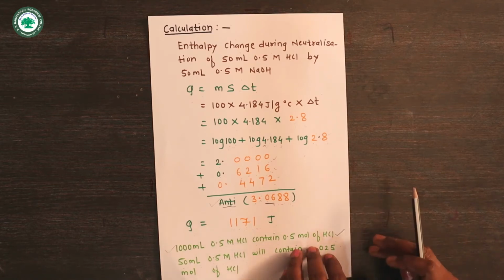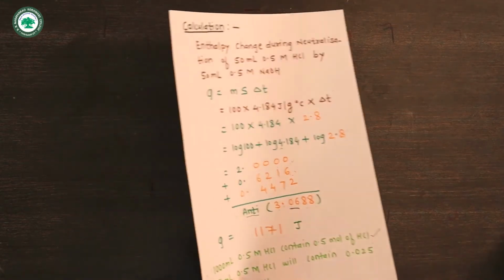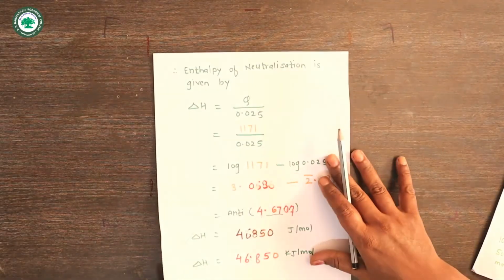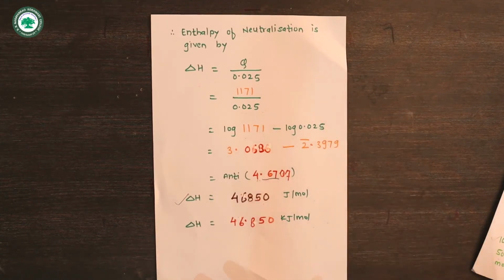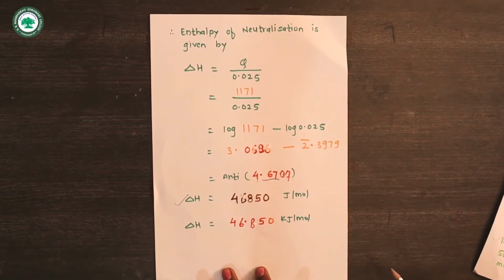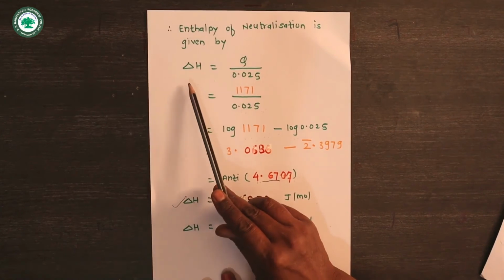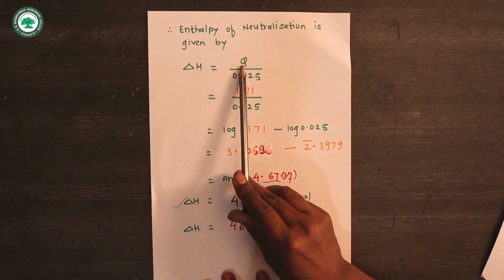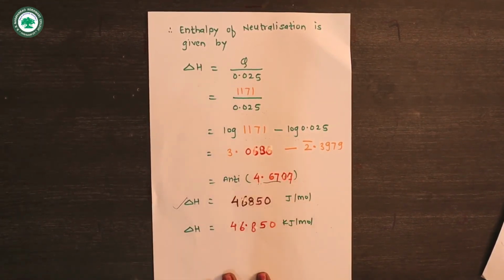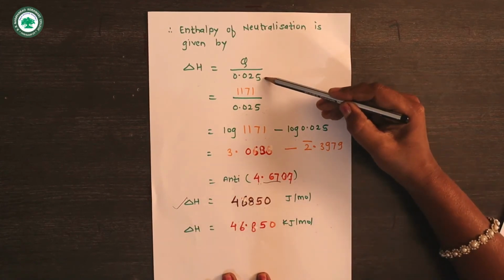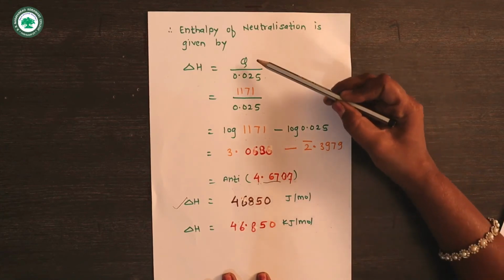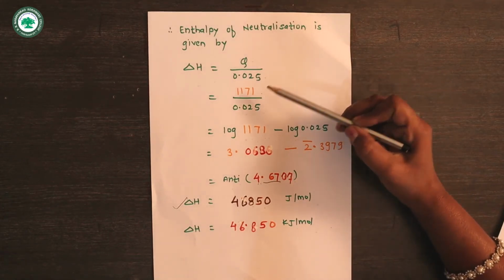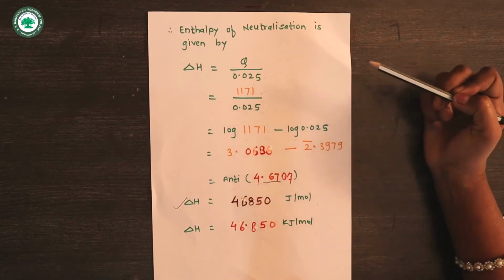And so we can find the enthalpy of neutralization. The enthalpy of neutralization for this reaction is given by the formula ΔH = Q upon 0.025. This is the number of moles present in 50 ml of HCl solution, and the value of Q obtained is 1171. So 1171 divided by 0.025.